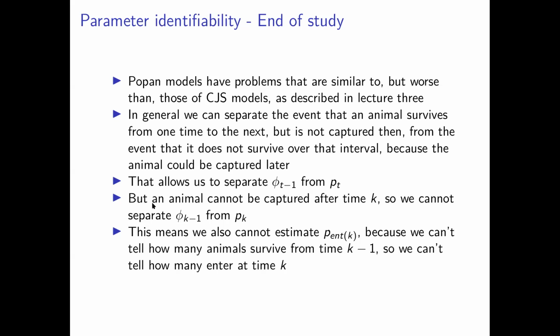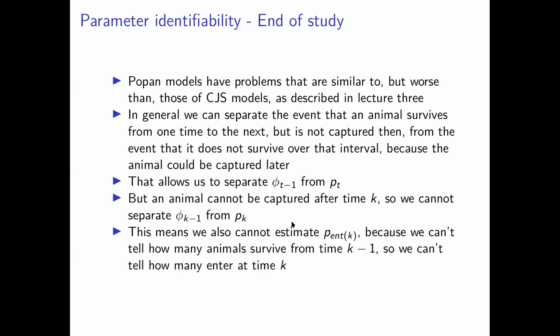But an animal cannot be recaptured after time k, the last survey, so you can never actually separate phi sub k minus 1 from p sub k. You can never really tell if an animal survives to the last time but is not captured there, or just died for the last time.